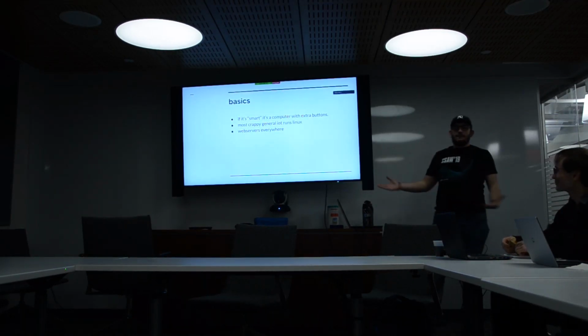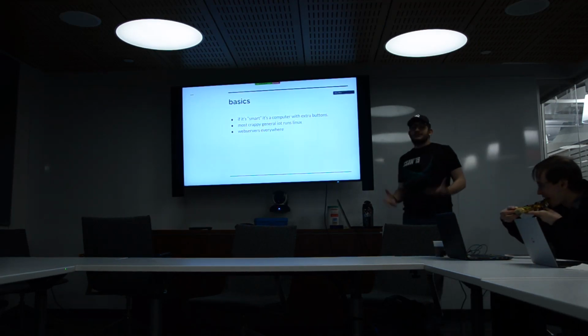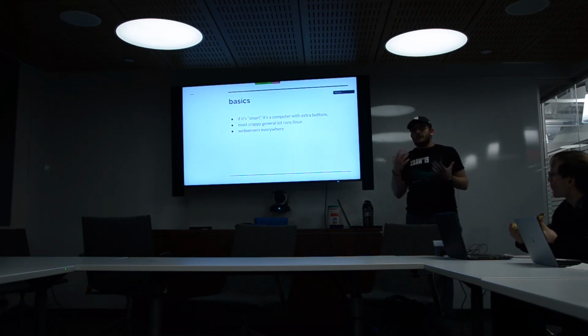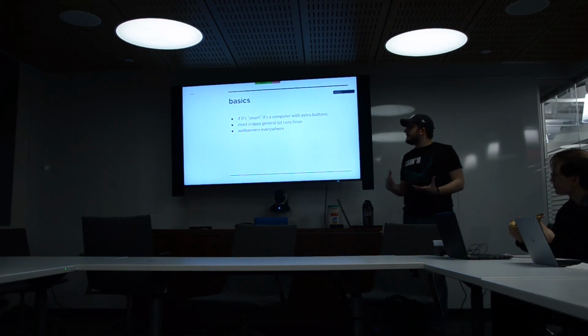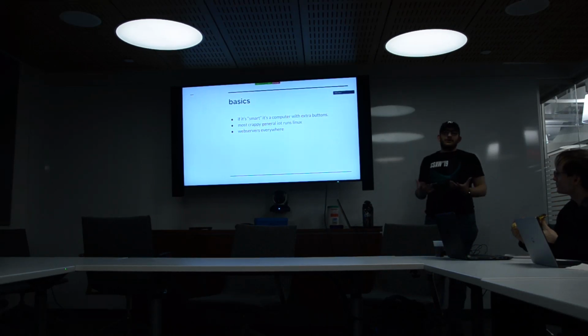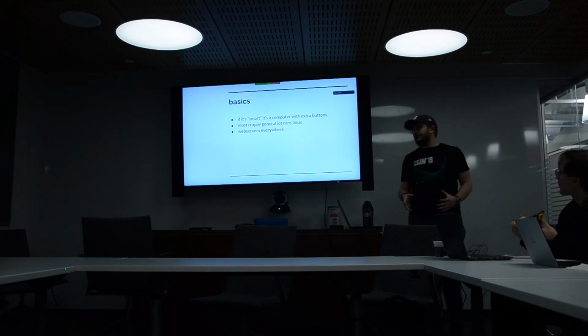So, back to the basics. If it's smart, it's a computer with extra buttons and extra sensors. And then getting into some other things. Most general IoT that you'll buy off the shelf runs some flavor of Linux if it's not a bare metal firmware, which we'll talk about later.